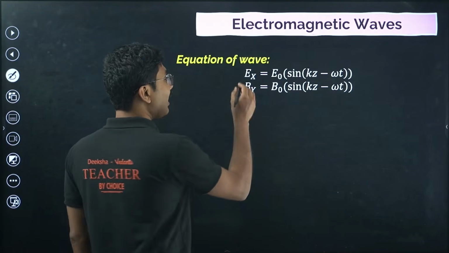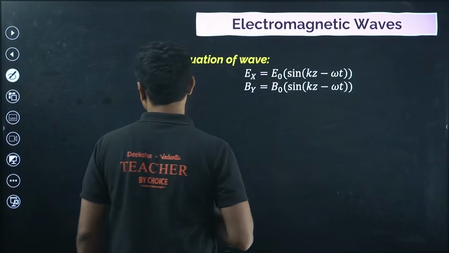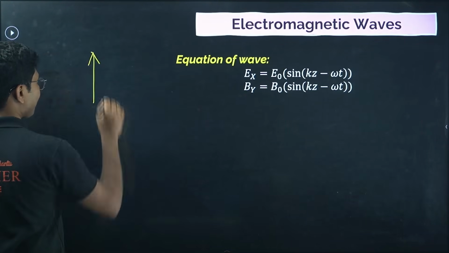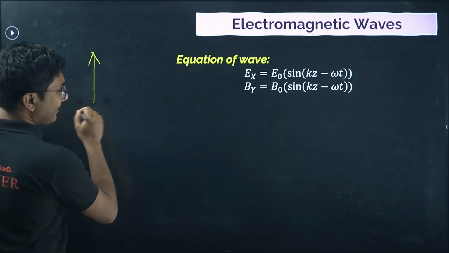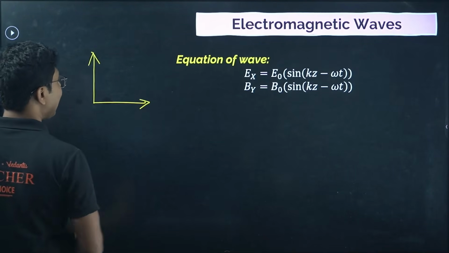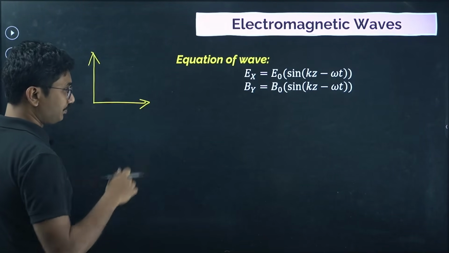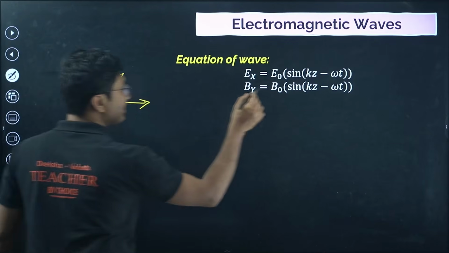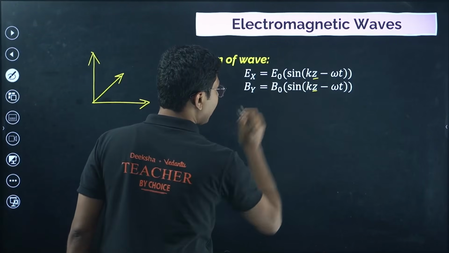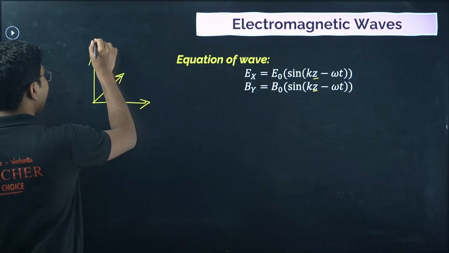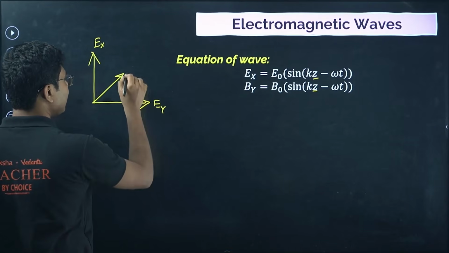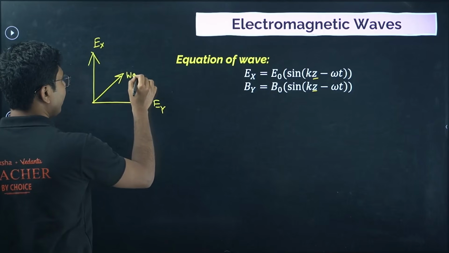So you see that the electric field is along the x-axis, the magnetic field is along the y-axis, and the wave is along the z-axis. So this is the direction of the wave. The wave is propagating along the z direction. This is the electric field Ex, this is the magnetic field By, and this is the EM wave along the z direction.